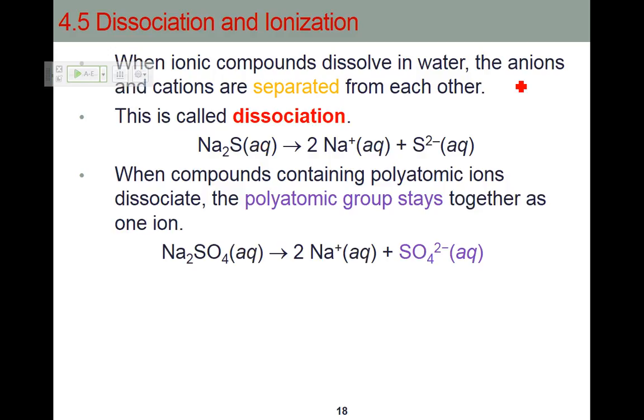So it is balanced. When you're writing these dissociation equations, you must show it as a balanced equation. Same thing in the next one. We have 2 sodiums and 2 sodiums. We have 1 sulfur and still 1 sulfur. We have 4 oxygens. So it is balanced on both sides of the dissociation equation.